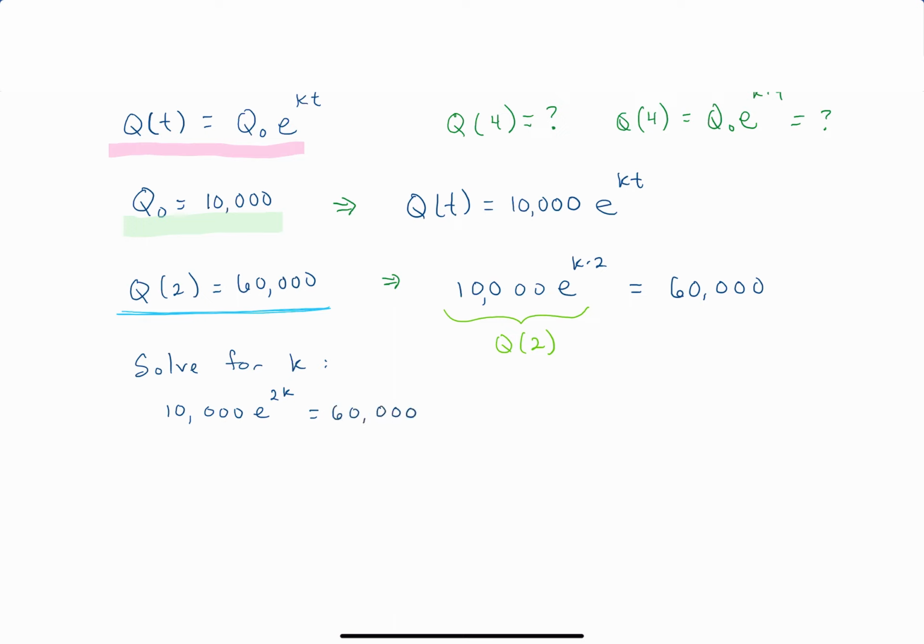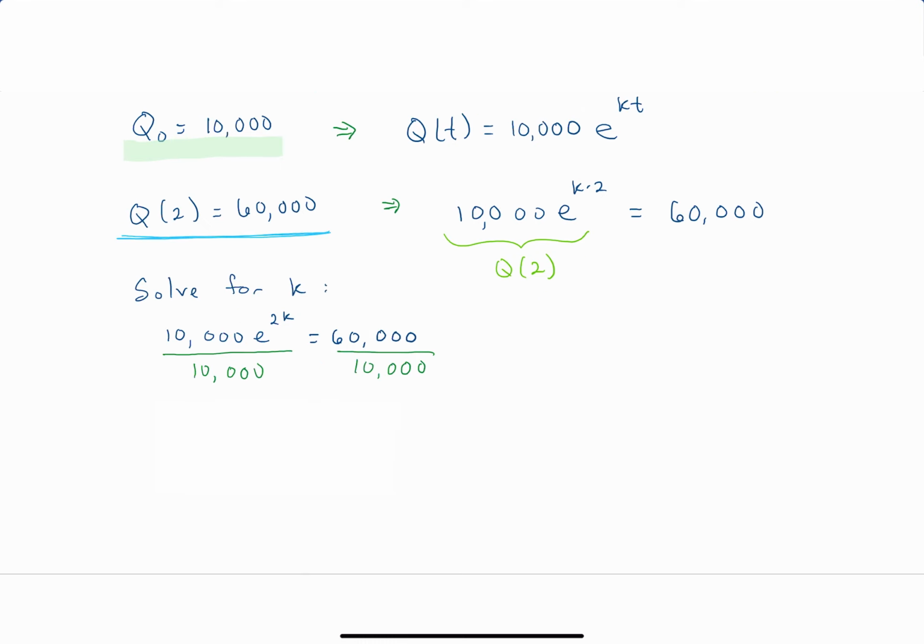And we saw in the last section how to solve exponential equations like this. We first need to isolate the exponential expression by dividing, in this case, by 10,000. Now I take natural logs on both sides. So ln of e to the 2k will equal ln of 6.